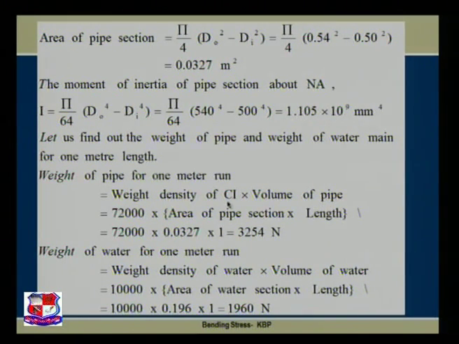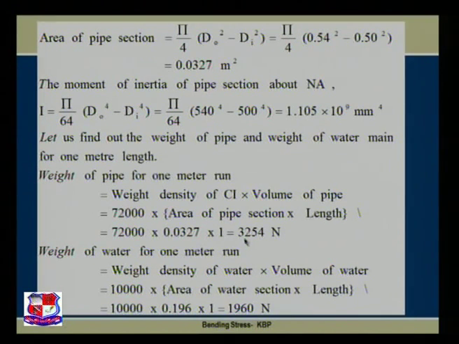The unit weight given to us is 72,000 Newton per meter cube, multiplied by the volume of pipe, that is the cross sectional area multiplied by the length, in terms of meter cube volume. So, 72,000 multiplied by the area that we already found out as 0.0327 multiplied by the length, that is 1 meter run, we achieve the weight of the pipe for 1 meter run as 3254 Newton.